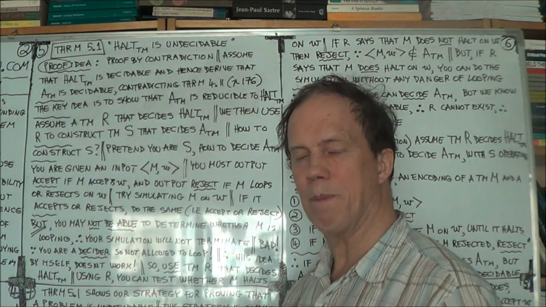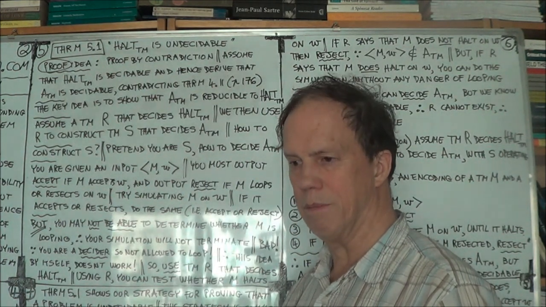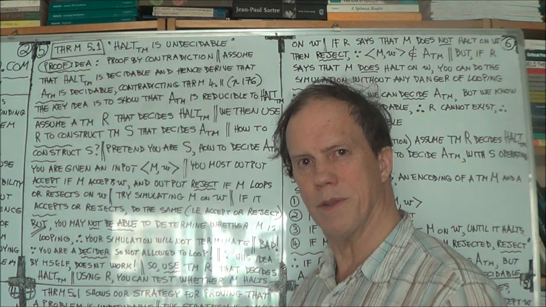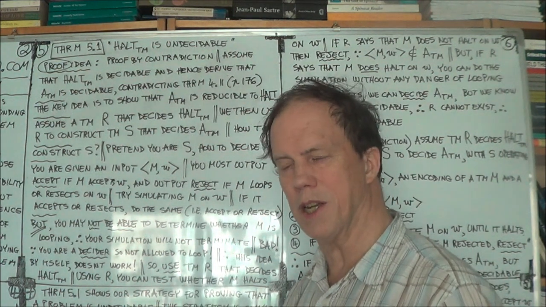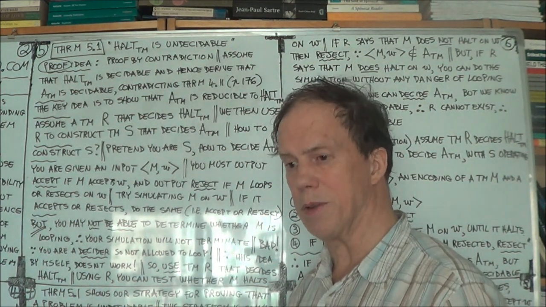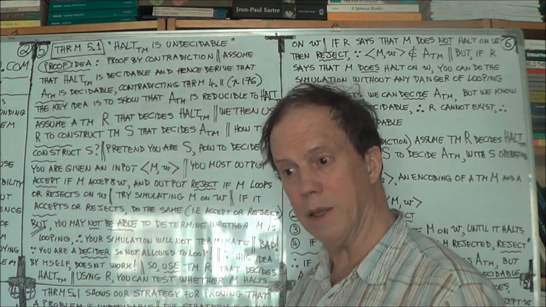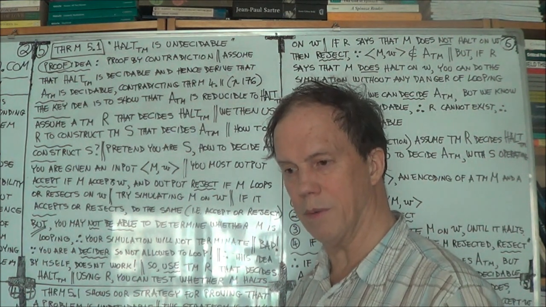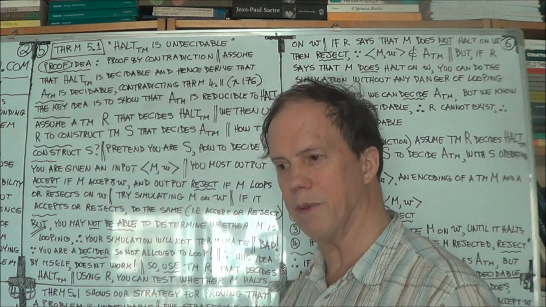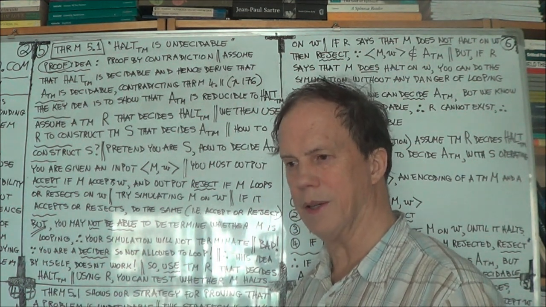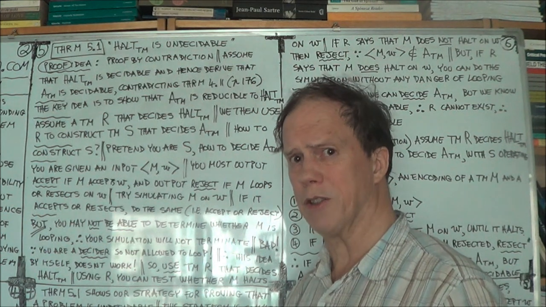Now, in this chapter, in proving a lot of languages, we'll see more and more as we get into the chapter that these languages are undecidable. Typically, the kind of proof that we use to prove that these languages are undecidable is proof by contradiction.